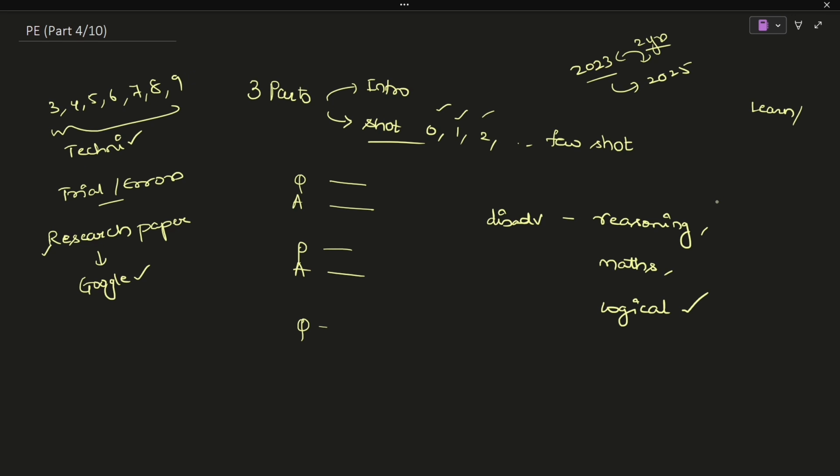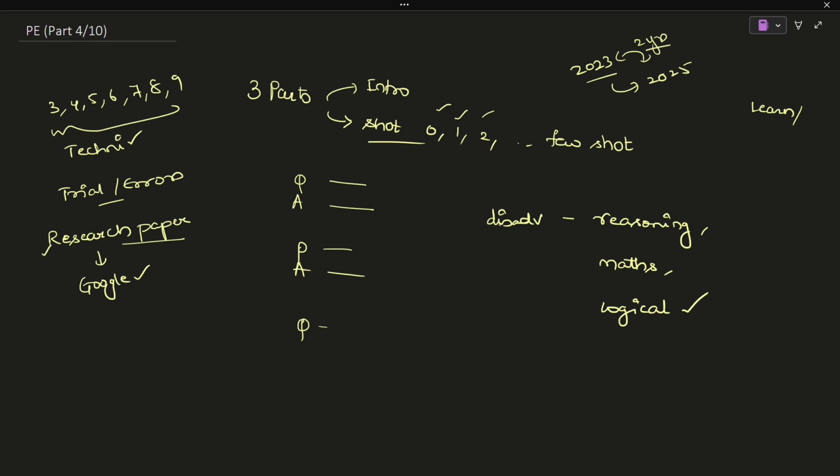So the examples discussed in the research papers would today work straight away without using any of these techniques. But remember, that's for simple questions, because in 2023, even simple reasoning questions were not solved by LLMs directly. Today, yes, they could be solved, but for the complex ones, you still need the techniques.